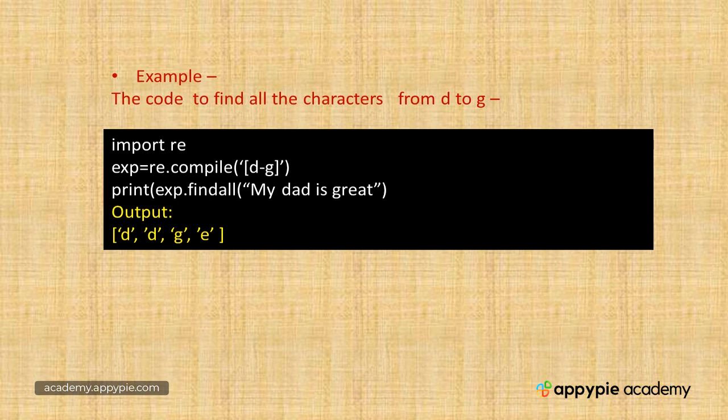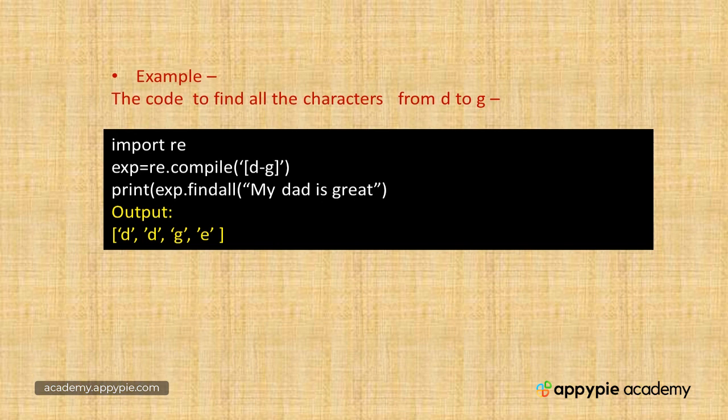So you can see I'm using the findall method again. When I write print exp.findall, my dad is great. So exp is saying that I want to see only 4 characters, D or E or F or G. You can see in the output it is showing D, which is the first letter of dad, then again D, which is the third letter of dad, then G, which is the first letter of the word great, then E, which happens to be the fourth letter of great.